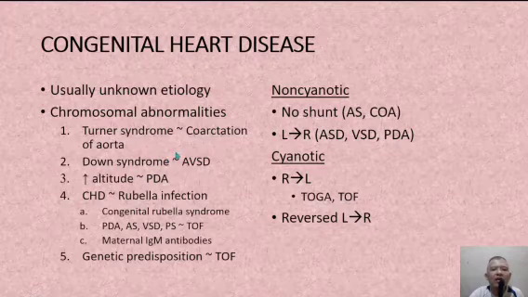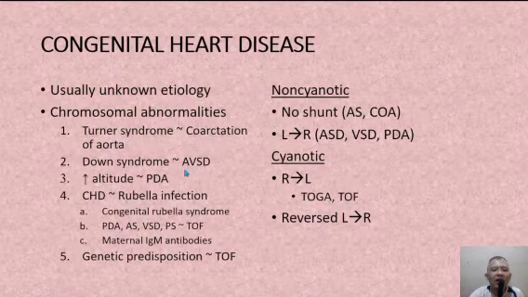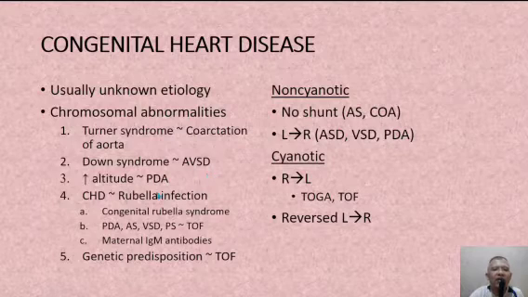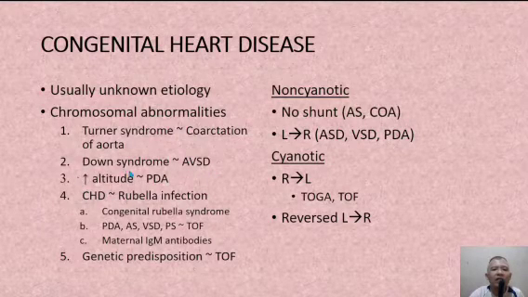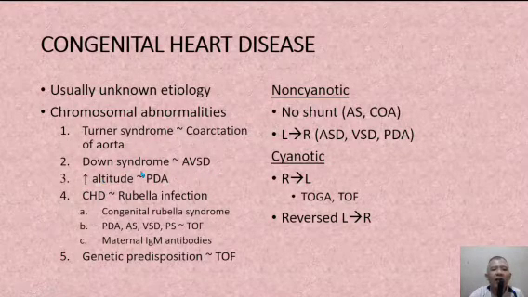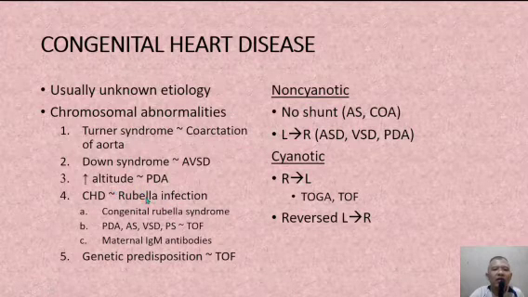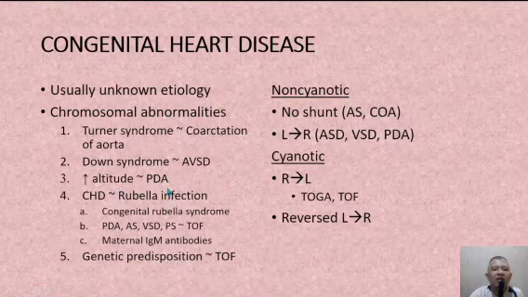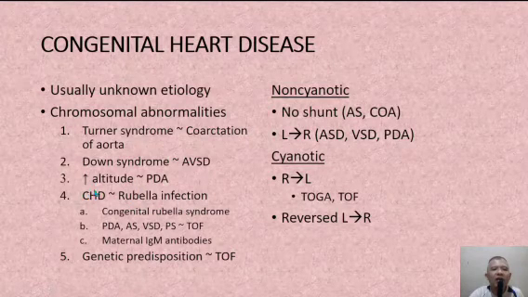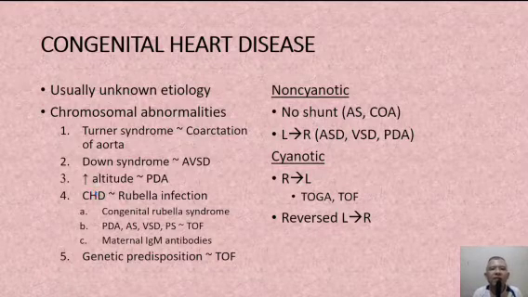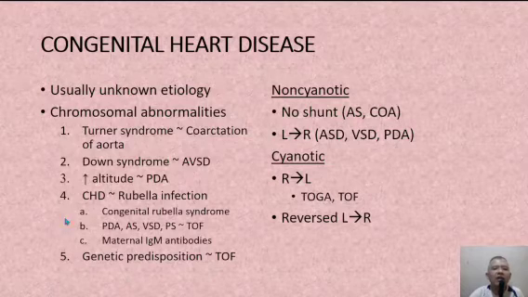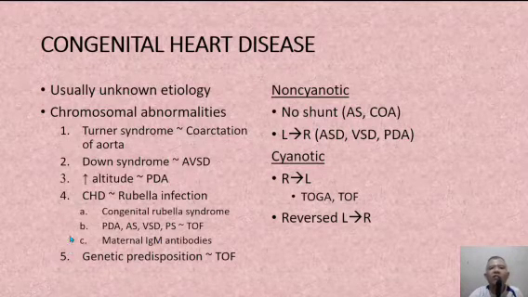Down syndrome is associated with either atrial or ventricular septal defect. Living in higher altitudes, in the mountains, carries risk for patent ductus arteriosus, and so does rubella infection. It's German measles that can lead to any type of congenital heart disease. Even tetralogy of Fallot has a familial predisposition.